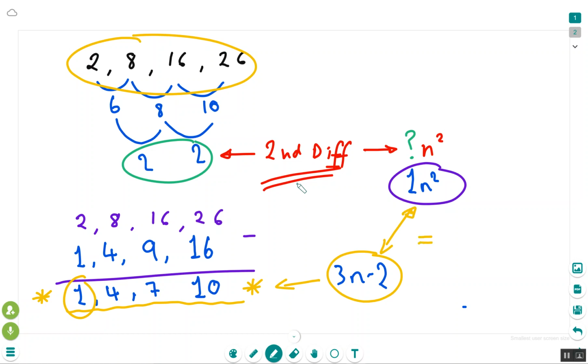So the eventual answer, bring them all together. Would you like to write down the quadratic nth term, or we start with the quadratic part? Would that be 4n squared? Well, you can't add an n squared to an n. So let's just rub that out. You've got to keep the n squared separate to the n.